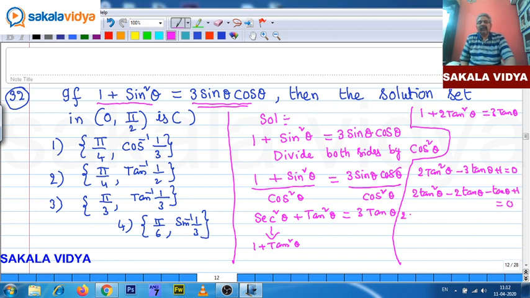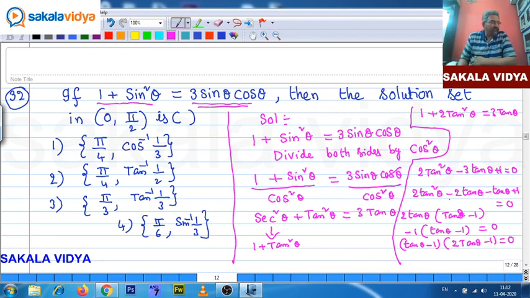Please check my steps. Sometimes I may make calculation mistakes. So 2 tan theta common, we get tan theta minus 1, and minus 1 common, tan theta minus 1 equal to 0. So we have tan theta minus 1 into 2 tan theta minus 1 is equal to 0. These are the factors we will get.